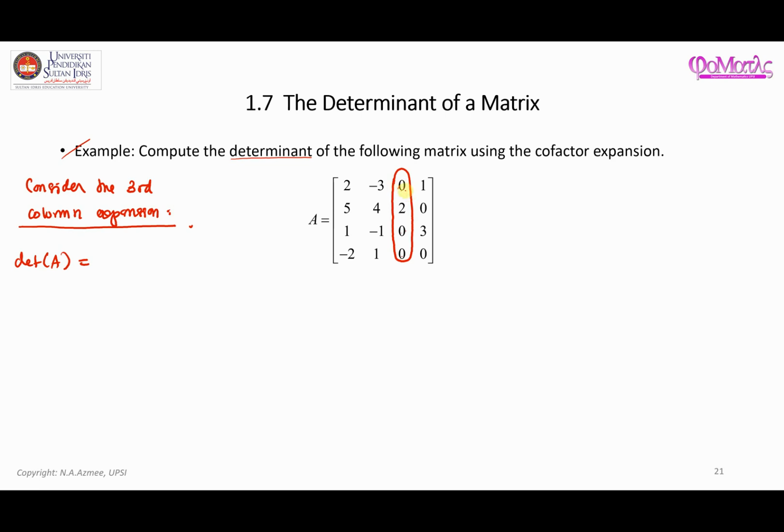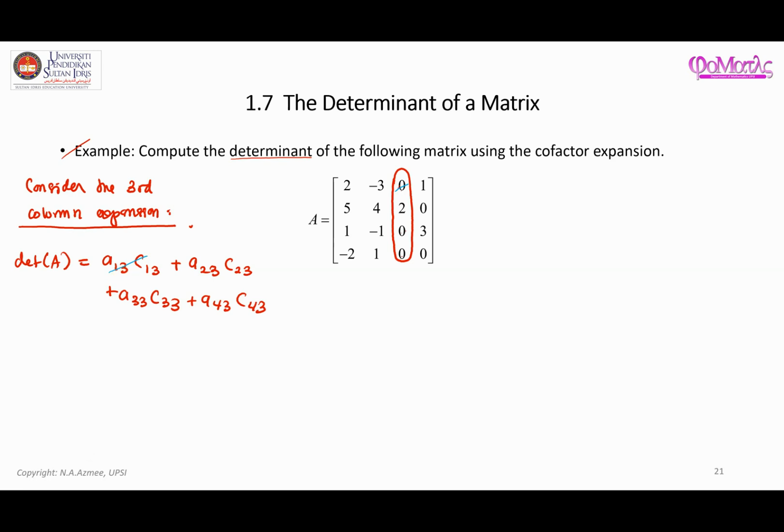So here we have this position at A13, C13. Next, this is A23, C23, plus A33, C33, plus this position here at A43, C43. We can see that A13 is 0, so this part is going to be 0, definitely.